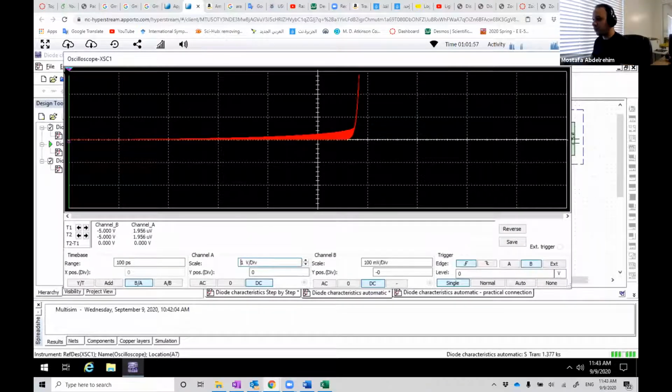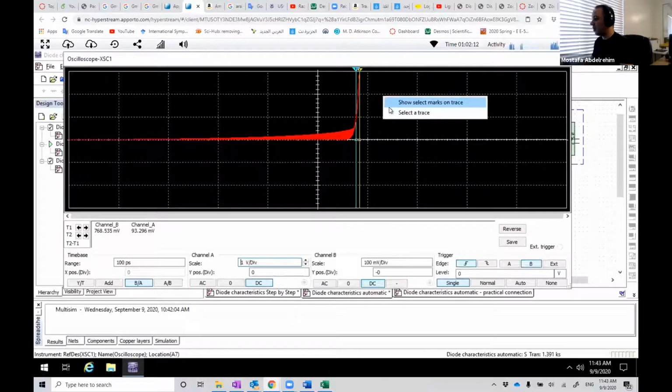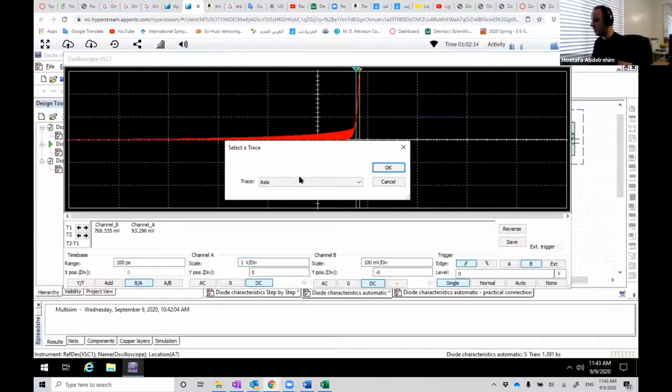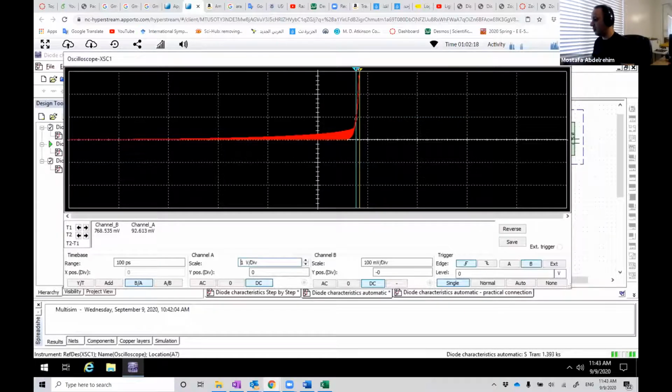Okay, you can use, of course, these guys here. But if you are worried about them, for example here, this will measure the x, the b here. If you want to change it to the curve itself, just choose A. So this will be on 0.1 and this is 0.2.